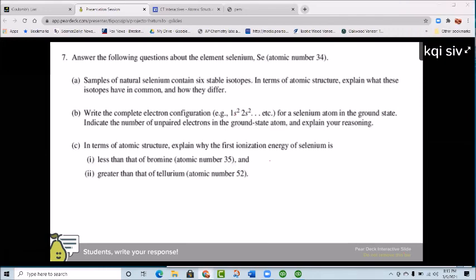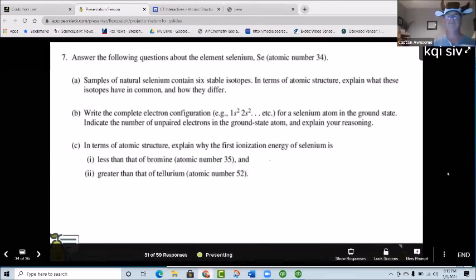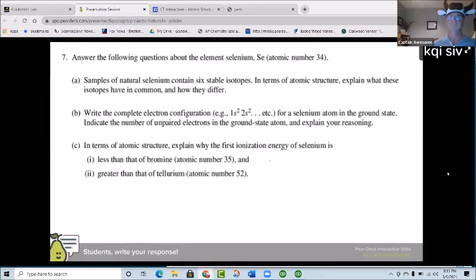Can you explain C again? Yes. So selenium has 34 protons, and bromine has 35. If you did their electron configurations, they're both going to be 1s2, 2s2, and so on. Selenium is going to end with 4p4, and bromine's going to end with 4p5. Since they both have 4 occupied energy levels, their valence electrons are both in the 4th energy level, then we don't worry about distance.